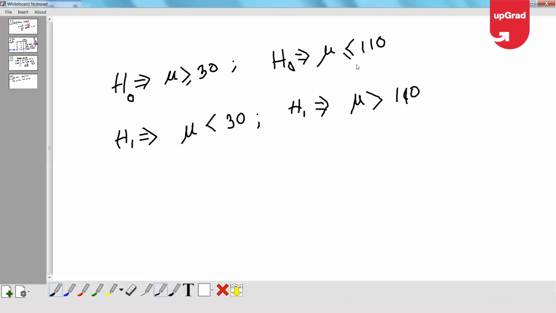Now when it comes to two-tailed tests, let's look at two-tailed tests.